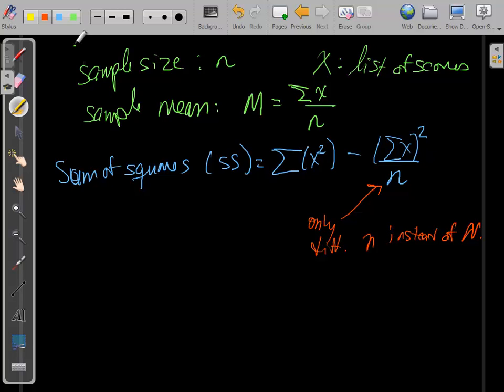But here's the difference. When you calculate the sample variance, s squared, it's still the sum of squares, but now we're going to divide by n minus 1. That's a big difference.